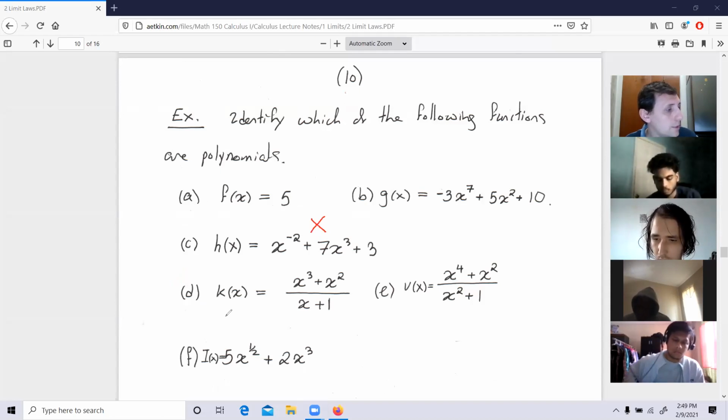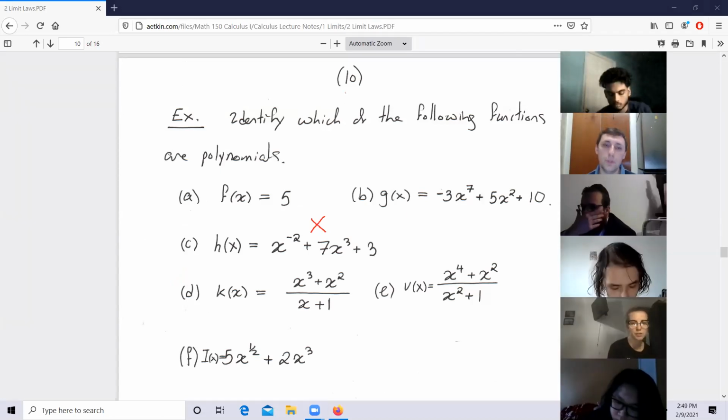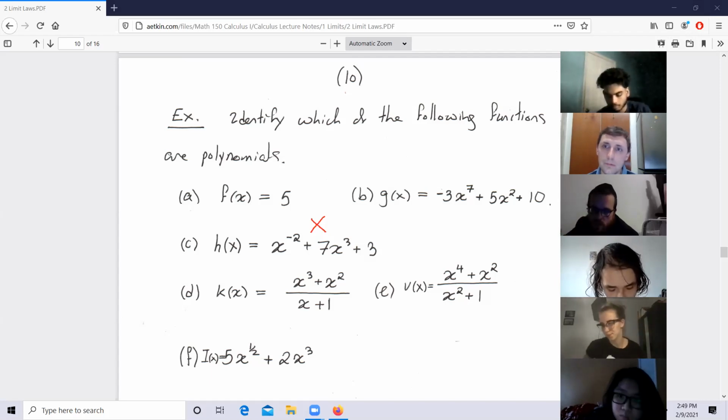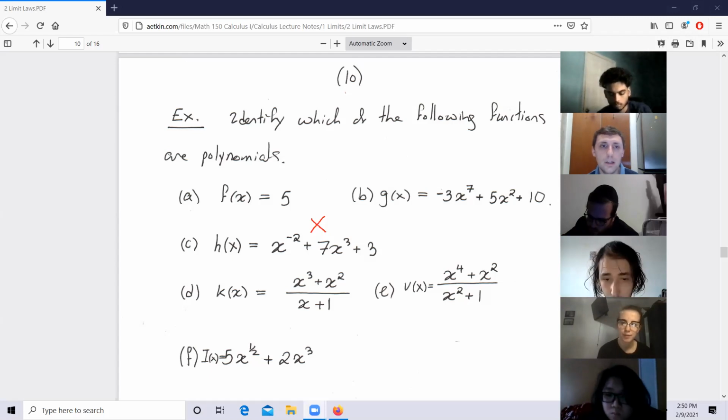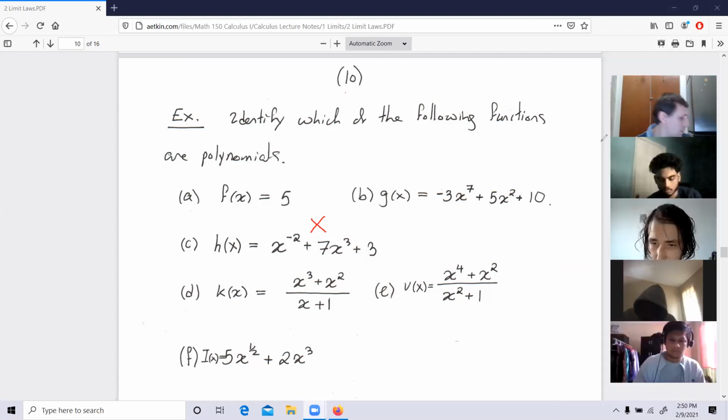Well, what about this function, guys? What about d? Is d a polynomial? Think about it. Is d a polynomial? So Humira says yes. Again, take your time, think about it, guys. Leverton says yes.